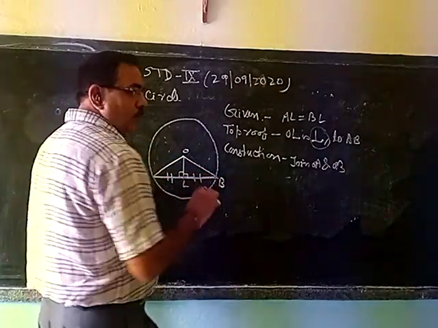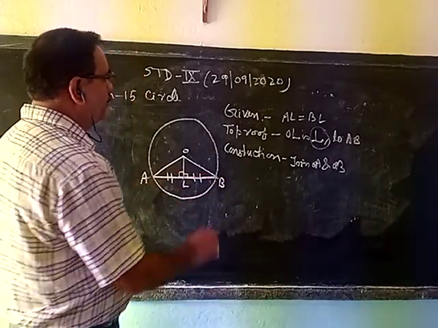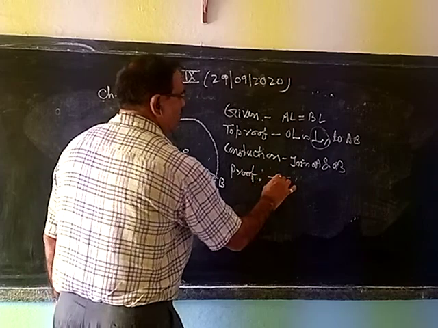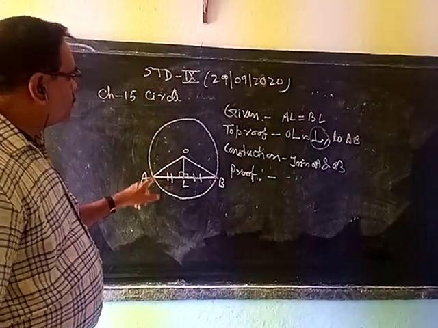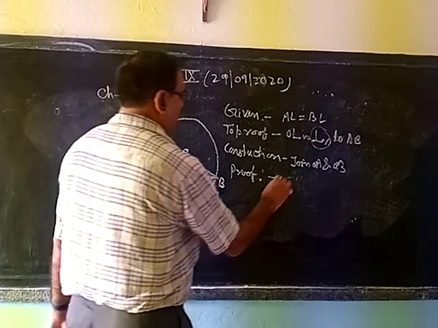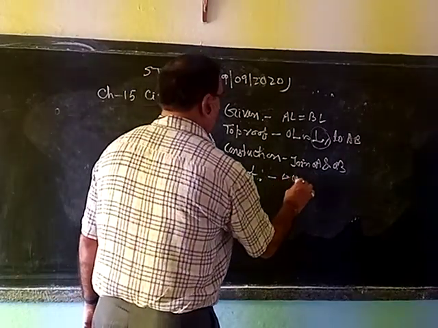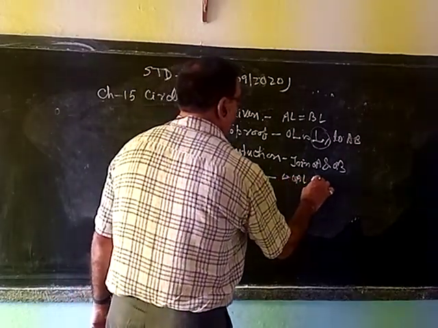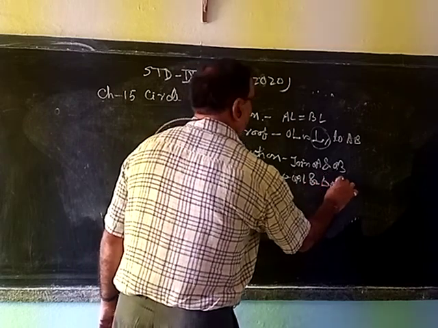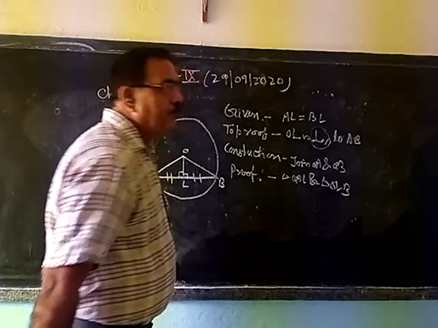Now, after learning the proof, you have to write the proof. What proof? Prove that these two triangles are congruent by any of the methods. Triangle OAL and triangle OLB, we have to prove congruent.